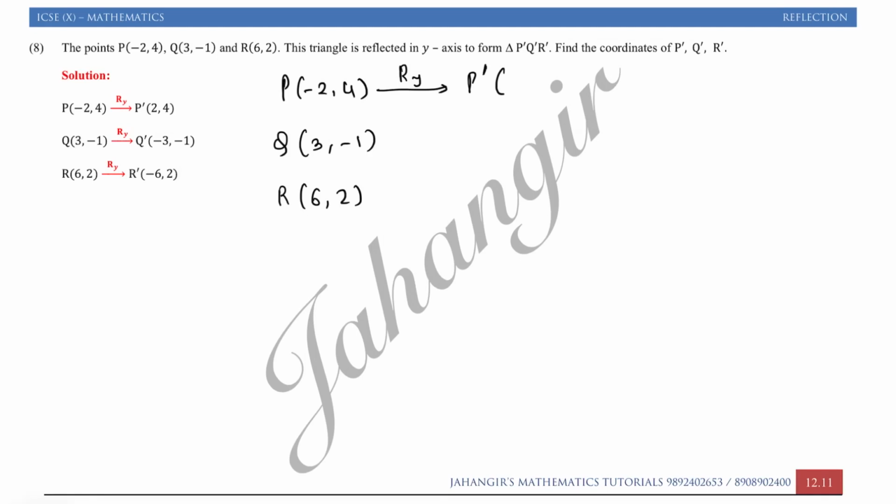The P dash value will become, when it is reflected in the y-axis, its x coordinate will change sign. It will become (2, 4). See, these two coordinates will change sign. Here you can say Q dash is (-3, -1), R dash is (-6, 2). Write down the coordinate of PQR, we did that.